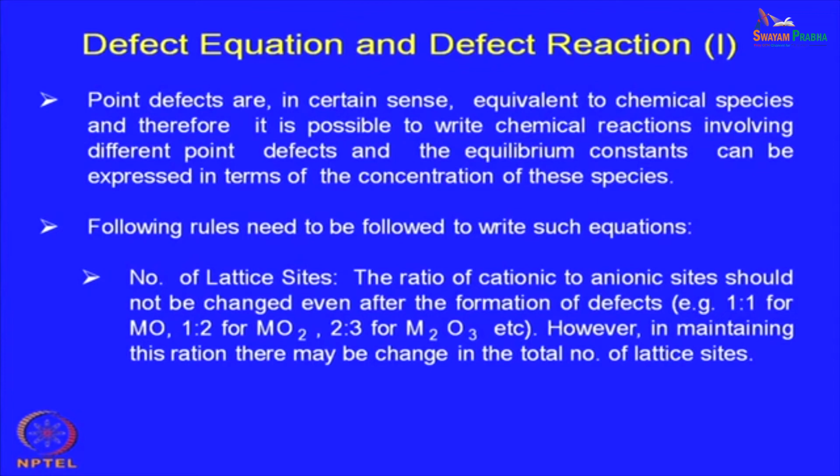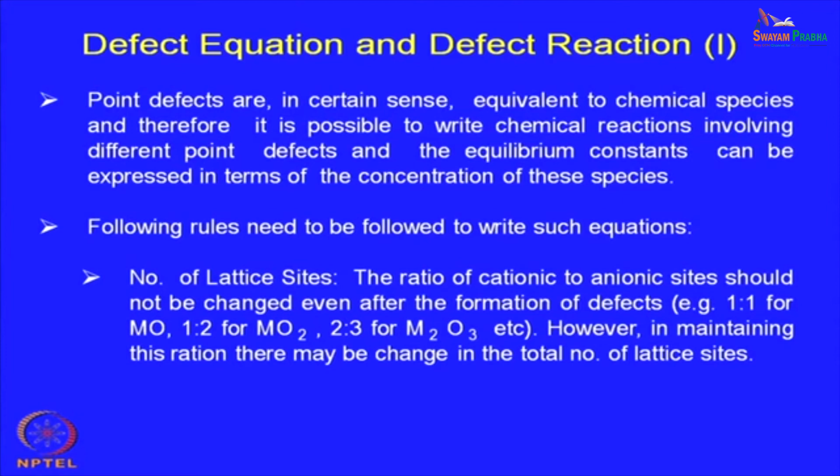The ratio of cationic to anionic sites should not be changed even after the formation of defects. For example, 1:1 or 1:2 or 2:3, this ratio must be maintained even if some of the lattice sites are missing. Even if a vacancy is created, the particular element may be missing from there, but the lattice site is not going to change. So, the lattice site is there, and we have to say that it is a vacant site.